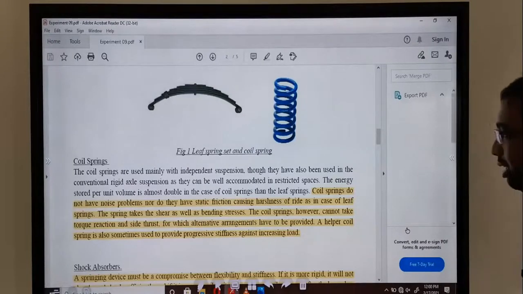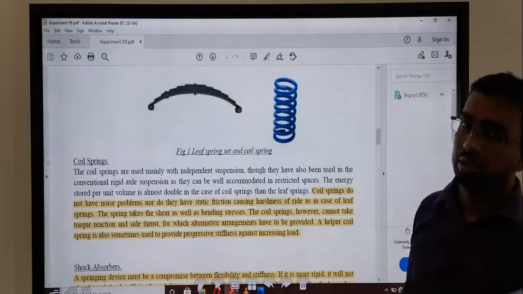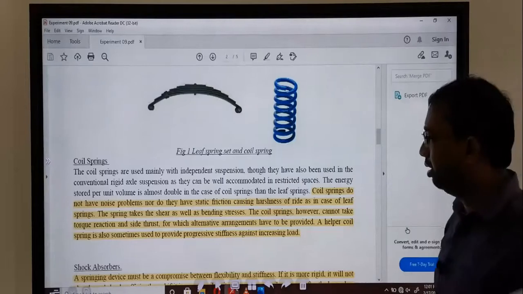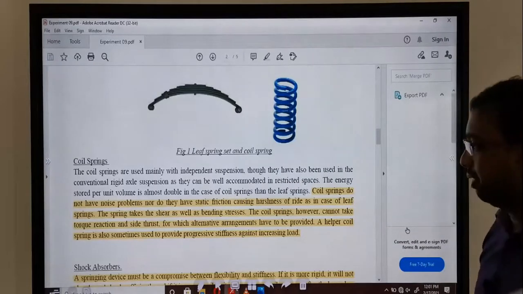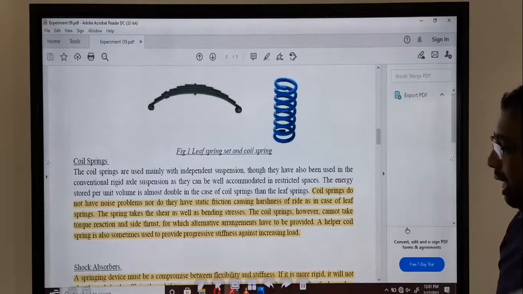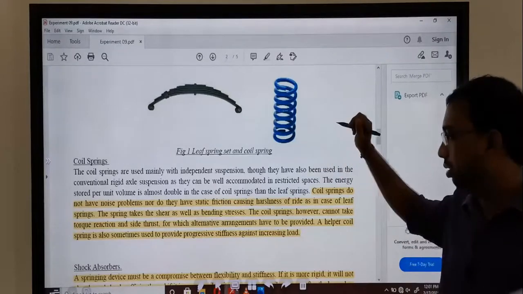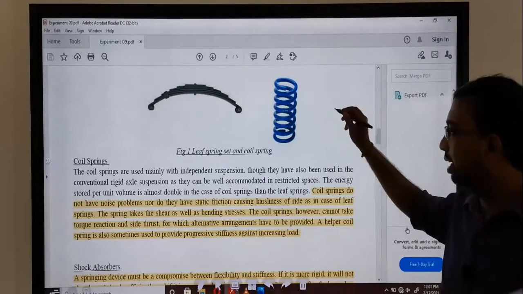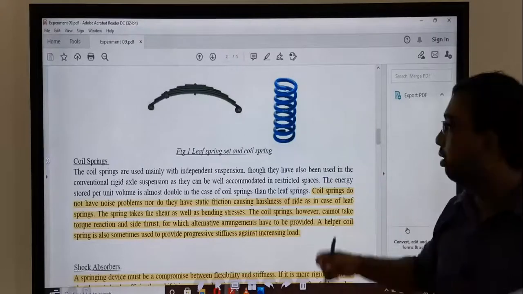The springs take shear as well as bending stress. That means it can manage breakage or shear. Shear means breaking. It has a tendency to bend.